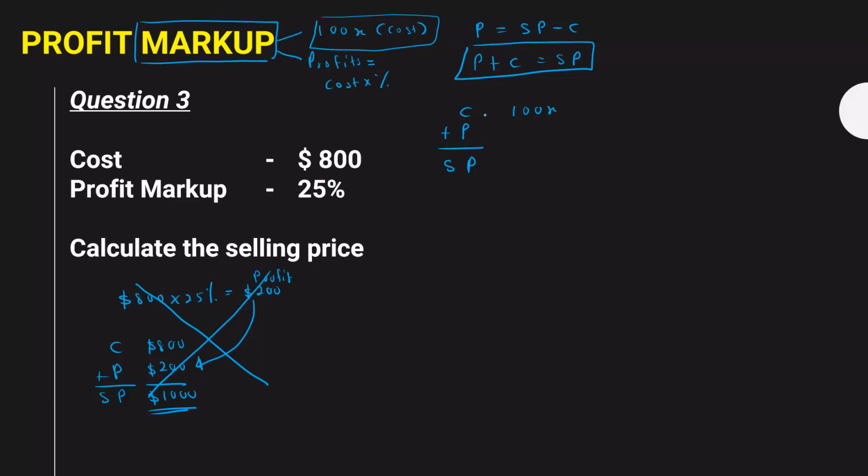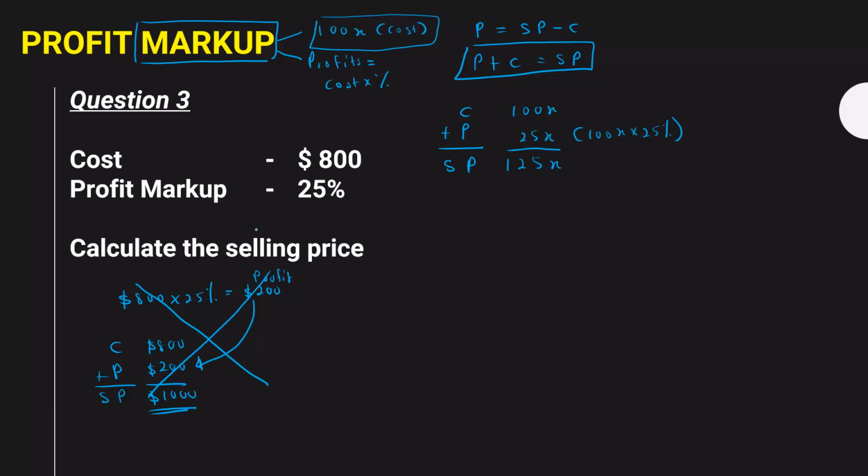Your profits are cost into the percentage, 100x into 25%, so your profit is 25x. So the selling price that you will get is 125x. This is a very simple method to get the answers.